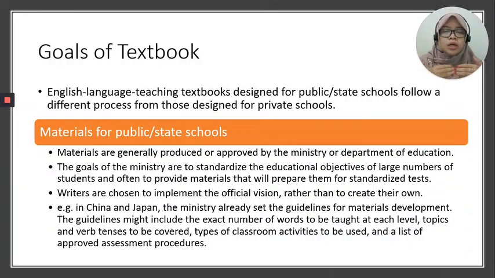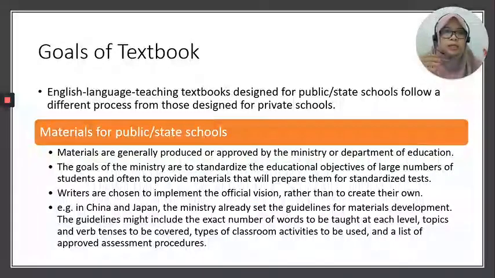Several things, even the characters of the students in the book. For example, books for junior high school usually have some character names, right? So names like Budi, Andi, and so on are there when they have conversations with their friends.